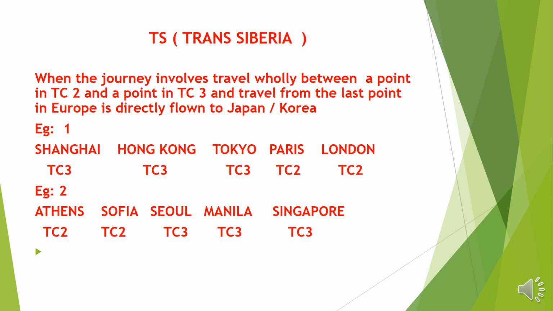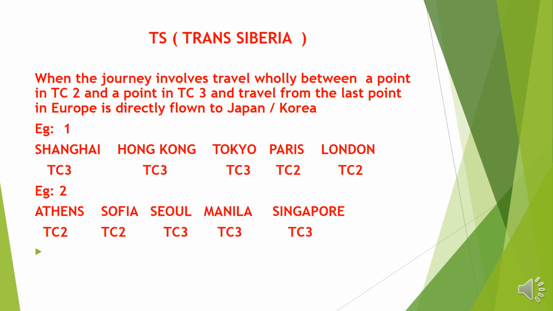It may sound a bit confusing, but in order to identify if it is a TS global indicator, one easy clue is you should have Japan or Korea on the itinerary. If Japan or Korea is not on the itinerary, Trans-Siberia is ruled out. You will have no option to use Trans-Siberia.